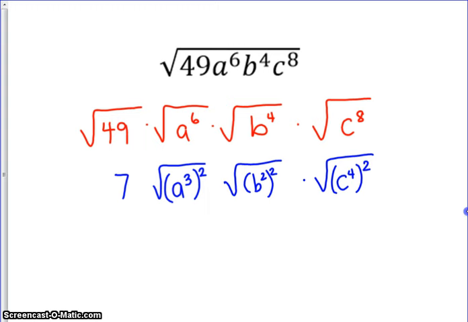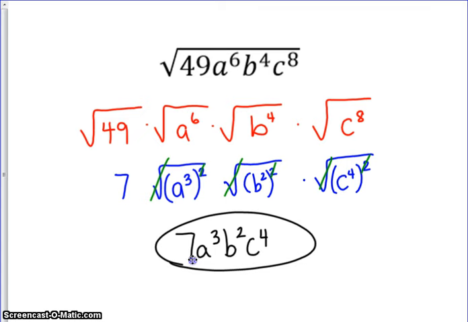So the square roots and the squares, because they're inverses, go away. So I'm left with 7, a to the 3rd power, b to the 2nd power, c to the 4th power. And that is the final answer.